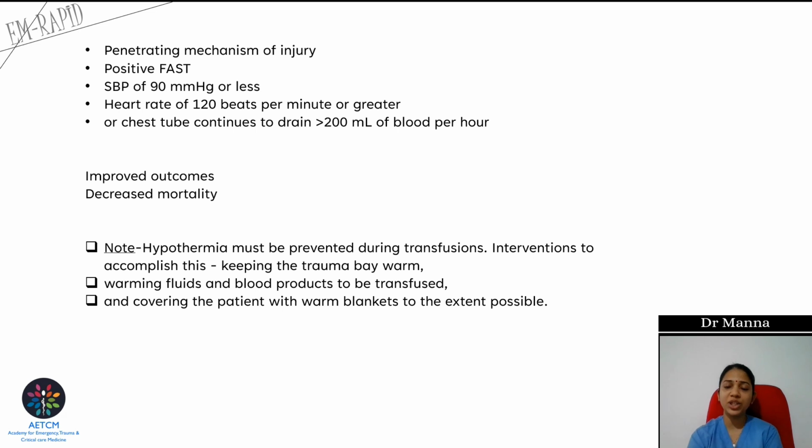These patients might require a massive transfusion protocol. So if we are practicing this and giving 1:1:1 ratio of blood products, it can improve the outcome and reduce the mortality.